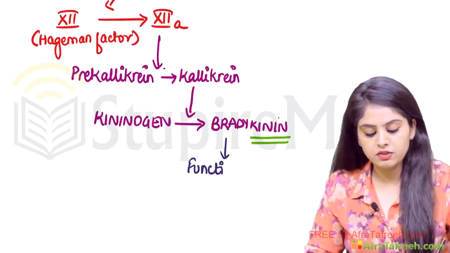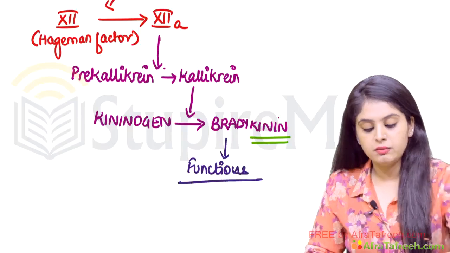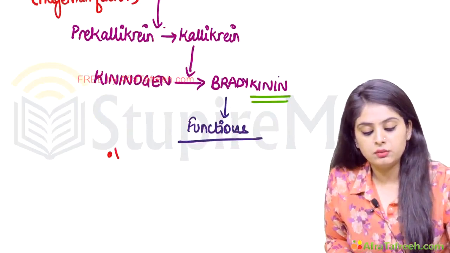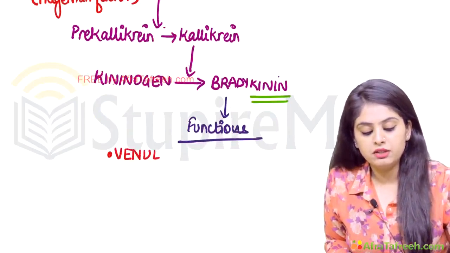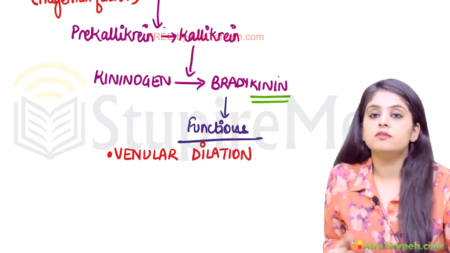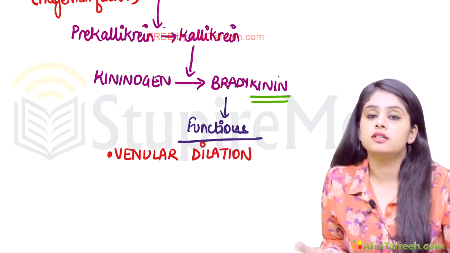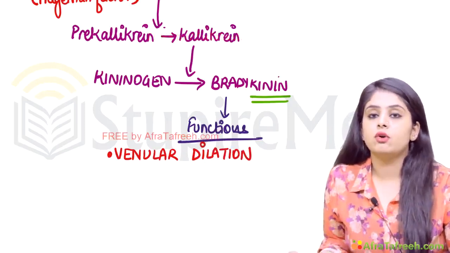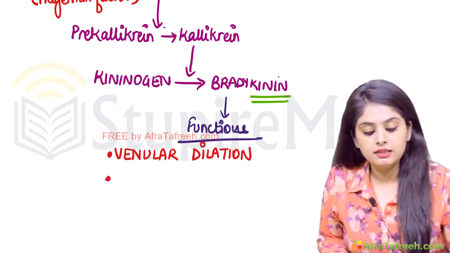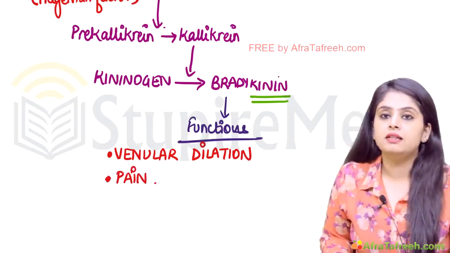What are the important functions of bradykinin? So remember that bradykinin is the one that is responsible for venular dilation. So vasodilation is one function. Particularly venular dilation is a very common action of, or in fact the most important action of bradykinin. Other than this, it is also involved in pain.